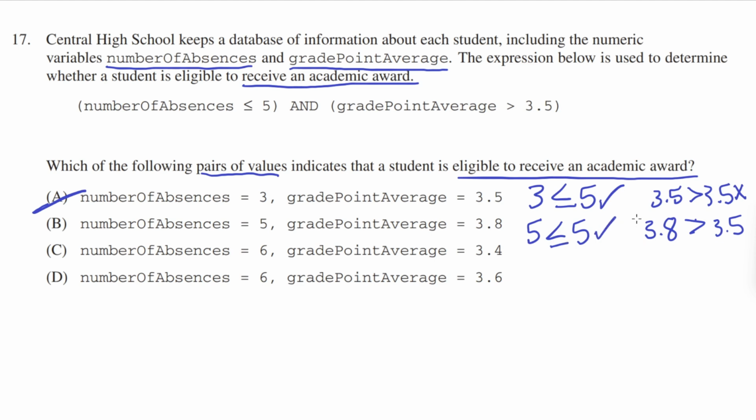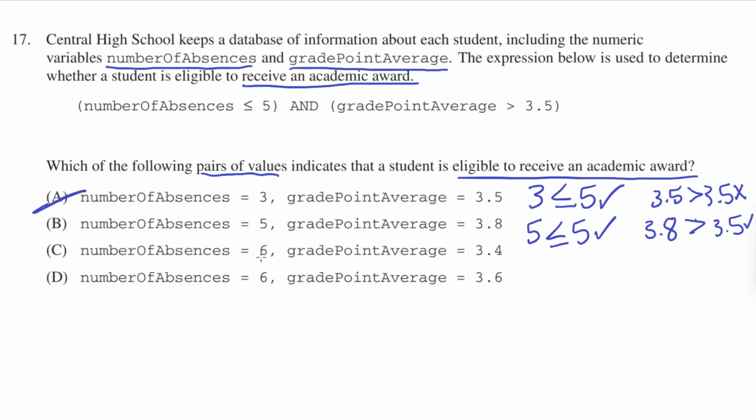So in both cases, the expression returns true. 5 is less than or equal to 5, and 3.8 GPA is greater than 3.5. So B is probably correct. But let's check the other answer choices first.